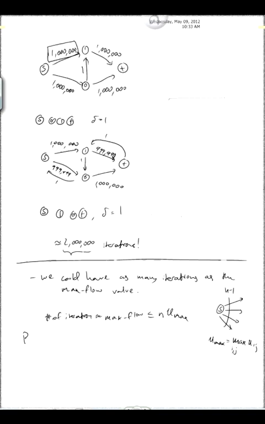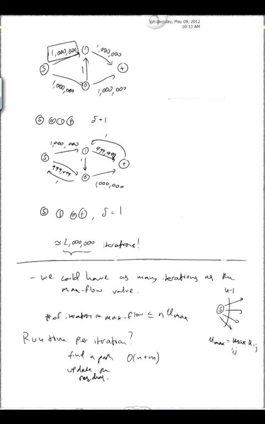But what's the runtime per iteration? What has to happen in each iteration? We have to find a path from S to T, and finding a path from S to T we would do using one of our search algorithms like BFS or DFS. That takes O of n plus m time. And then we also have to update the residual graph.